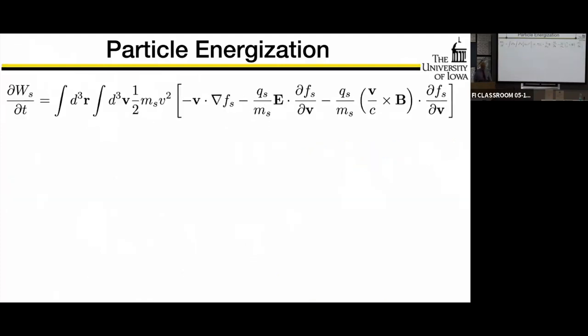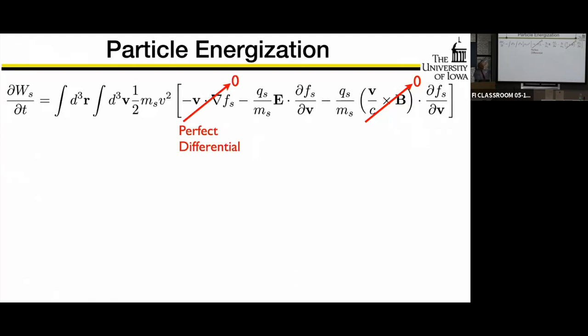And what I get is an expression that looks like this. Okay, now this equation has 3 terms, but the last term, which is the effect of the magnetic fields on the particle energy, is 0 when you integrate over velocity space. It's simply a consequence of the fact that magnetic fields can do no work on particles.